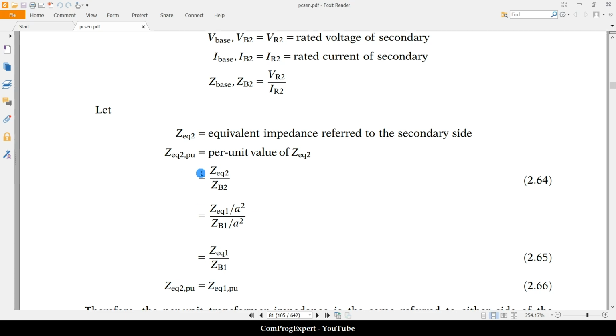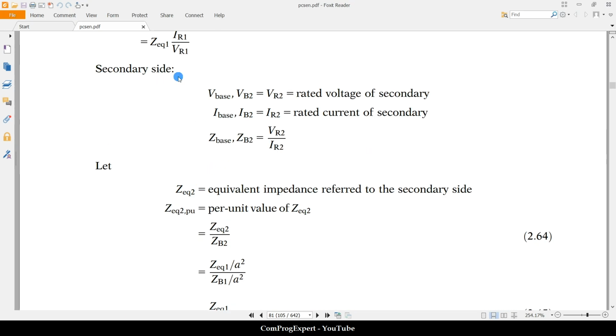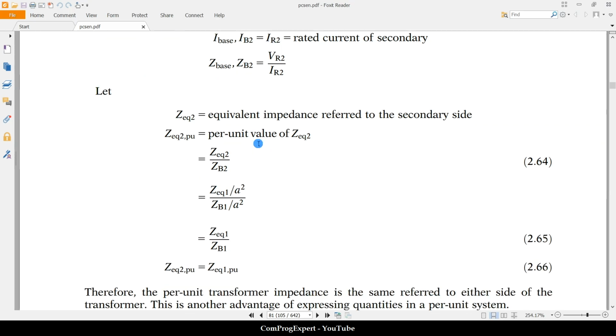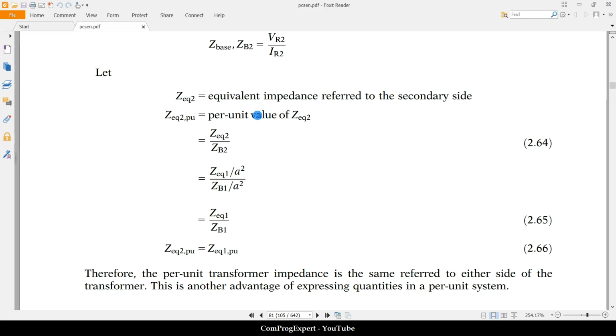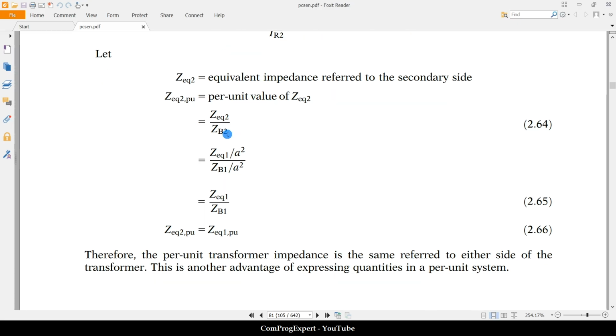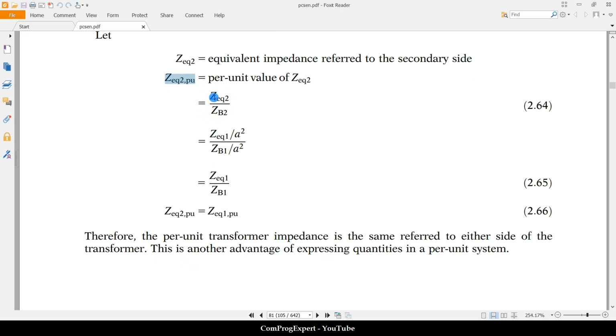Let's check. For the secondary side, again, we have these quantities V base 2, I base 2, and this is the value of the Z base. So we have similar definitions. This is the Z equivalent 2 in per unit format, this fraction, and we will have finally this relation between the per unit values, right?